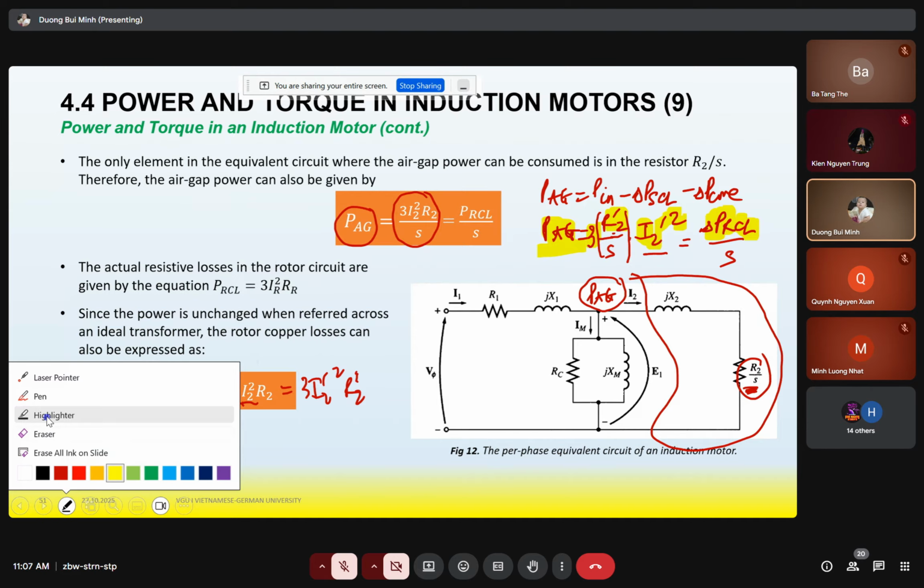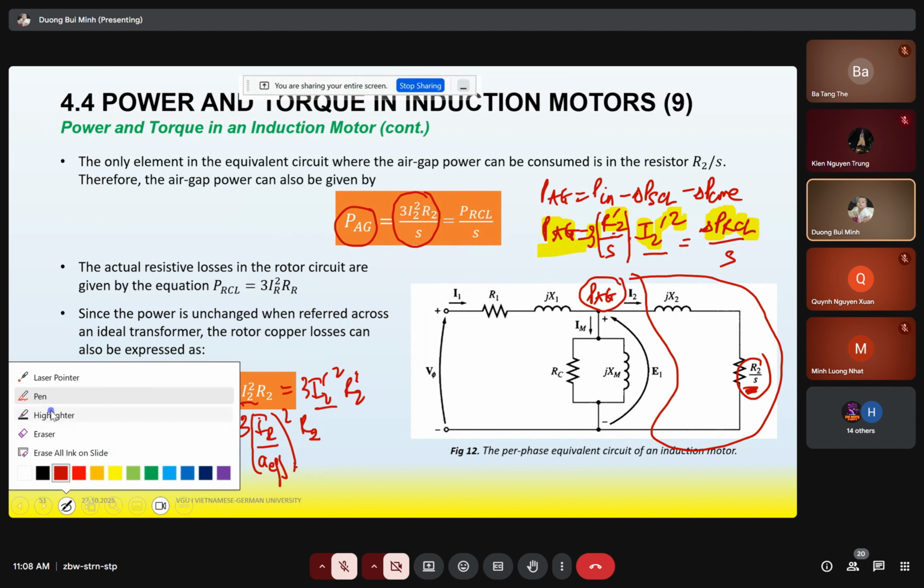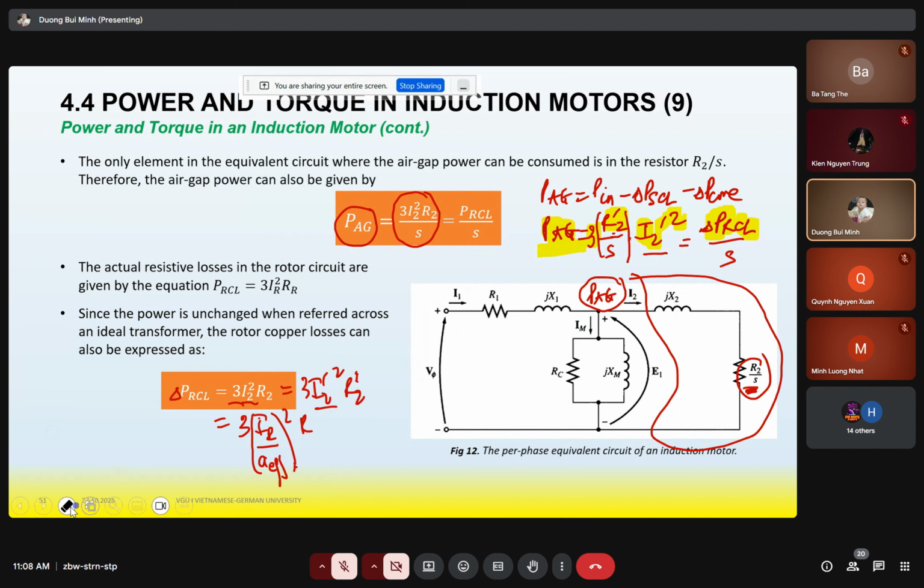And delta P_RCL is also equal to 3. What does this mean? I2' over IR divided by a_eff, right? This is squared, so this one is squared. R2' over R_R times a_eff squared.